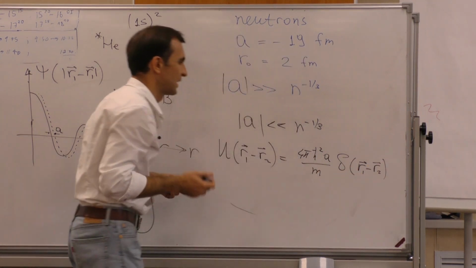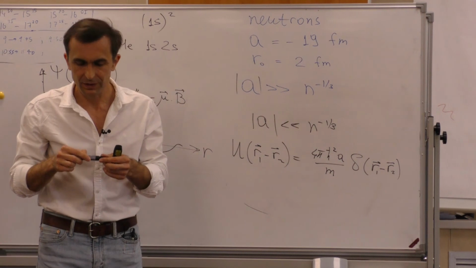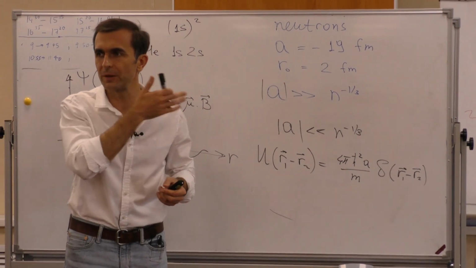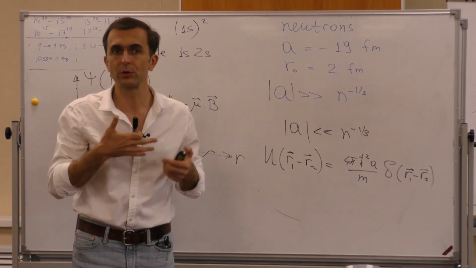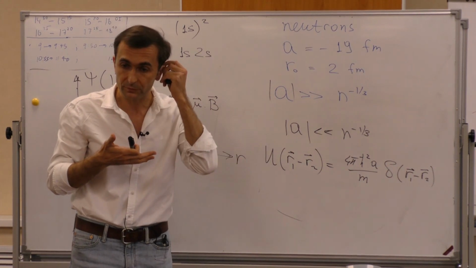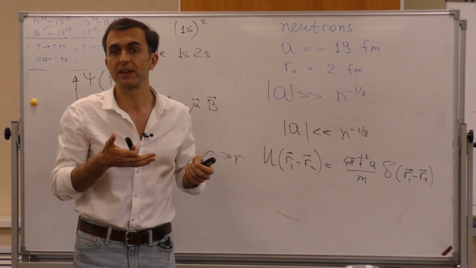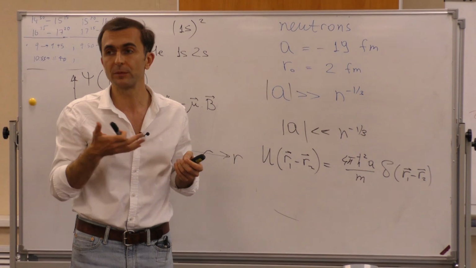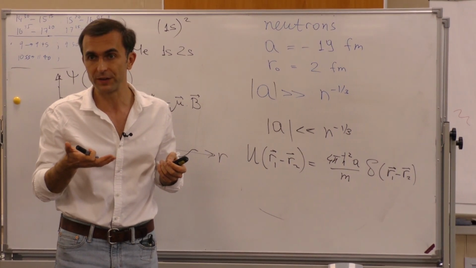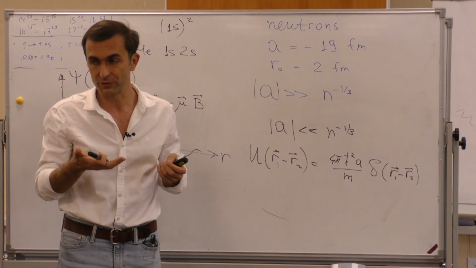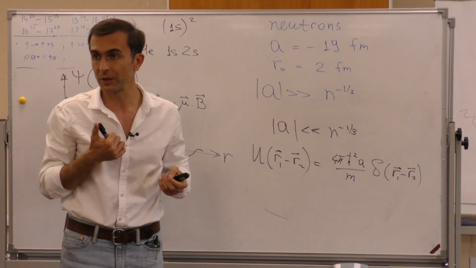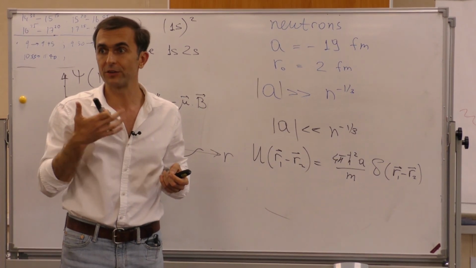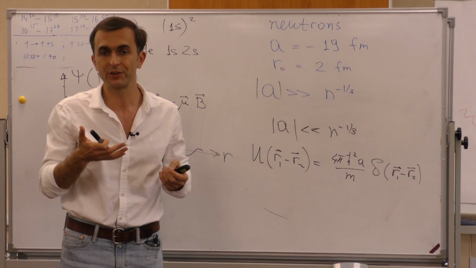This is the interaction potential for the two atoms. It's very nice, but it is problematic if you try to apply it in the second Born approximation. It would give you infinite energy shifts. So it has to be renormalized, or you should get rid of this.